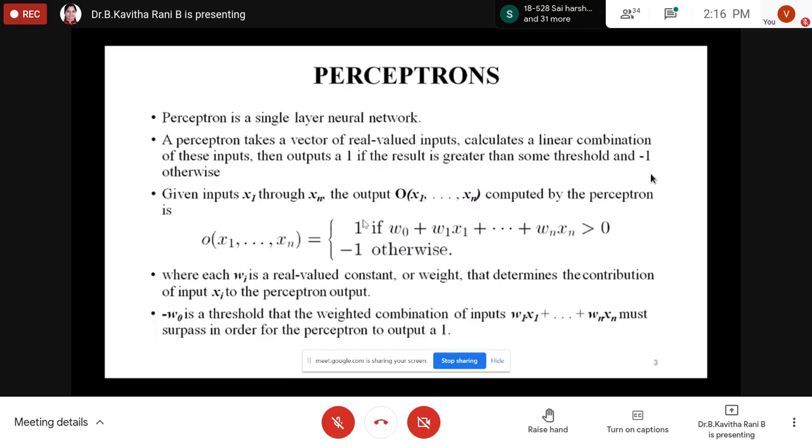A linear classifier tries to classify something, some output. A perceptron takes a vector of real valued inputs, which means it will be taking different real value inputs. That is x1 equal to some value, x2 equal to some value, x3 equal to some value, and so on. I'll show you the example also.